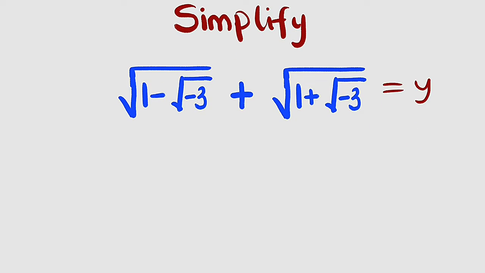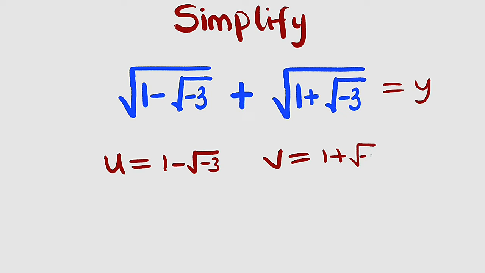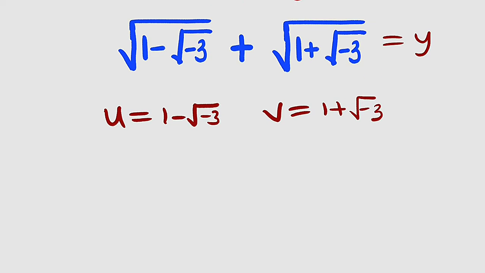Secondly, I would like to let u be equal to 1 minus the square root of negative 3, which is this one. And I would like to let v be equal to 1 plus the square root of negative 3. So one thing I want to obtain, or two things, is the sum of u and v and their product.